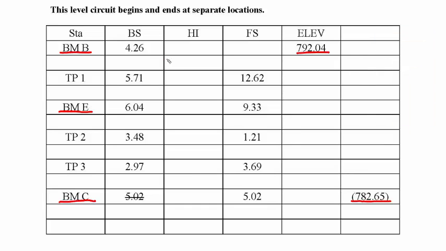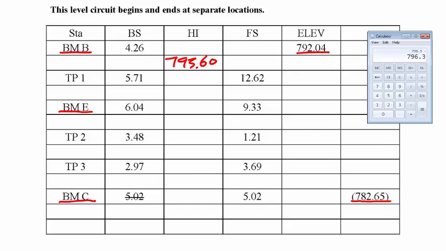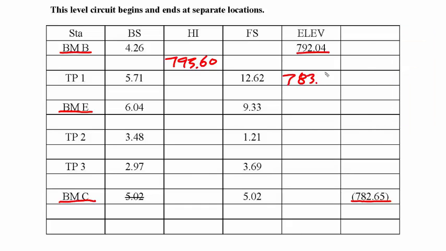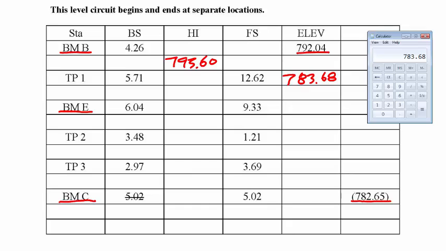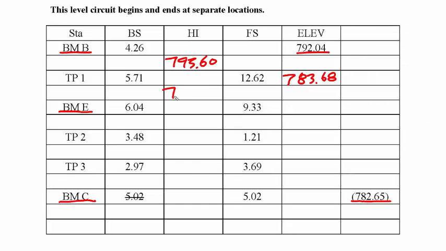We're simply going to add backsights to elevations to get HIs and subtract foresights from HIs to get elevations.